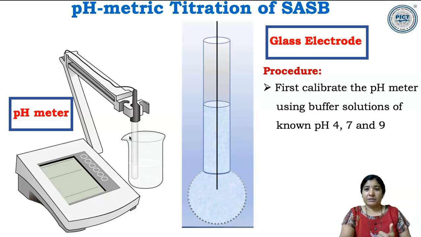First, we have to calibrate the pH meter. That means we have to standardize the pH meter before we use it for a particular application. How to calibrate it, I have told you in the previous video: the pH meter is standardized by using standard buffer solutions of known pH of 4, 7 and 9.